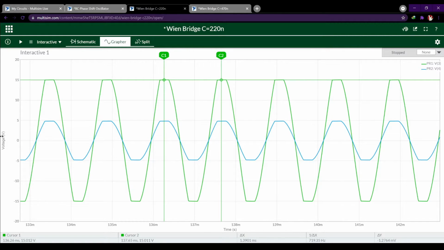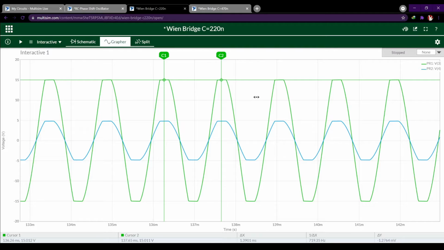So this is zero phase, and let's say this is 90 degrees. When it reaches here, the frequency reference, it will be 0. Next it will go down until it reaches the frequency reference, then it will go back up. So that is for Wien bridge.